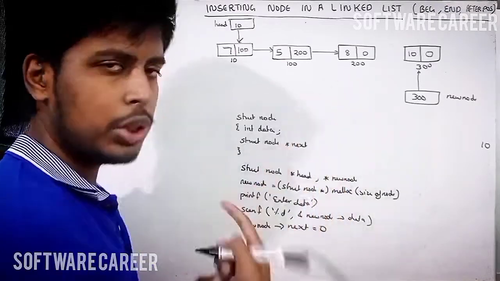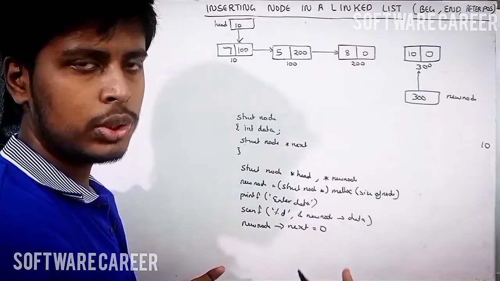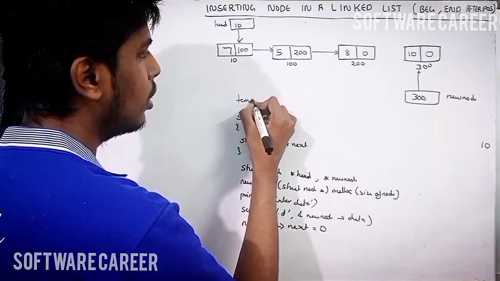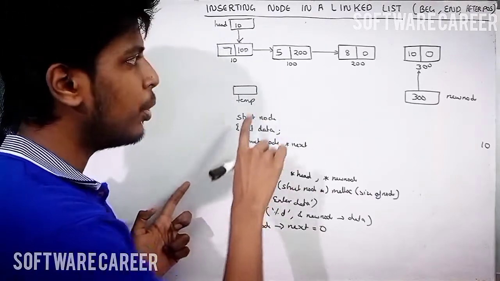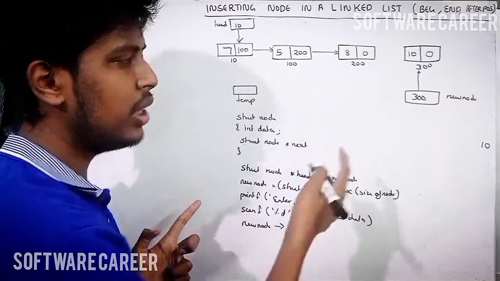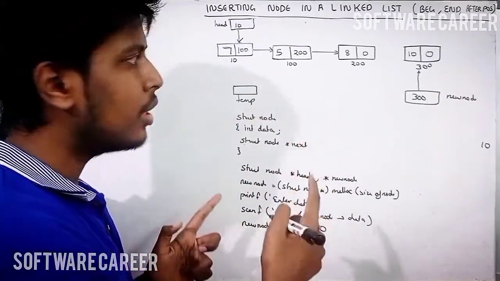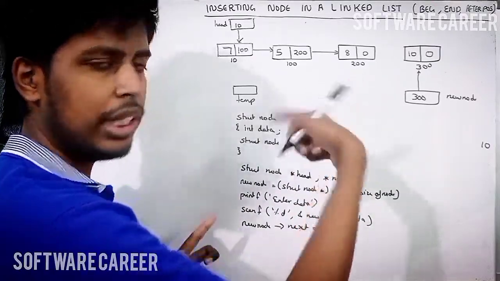For that you need a pointer, but there is no pointer pointing towards this node. So I am creating a pointer called temp. Now this temp pointer can't directly point towards this node in a linked list. In an array you can create a pointer and it can point directly, but in a linked list you can't directly point towards any node.